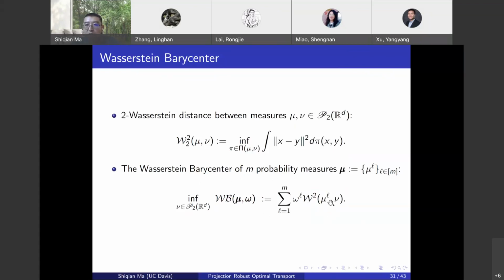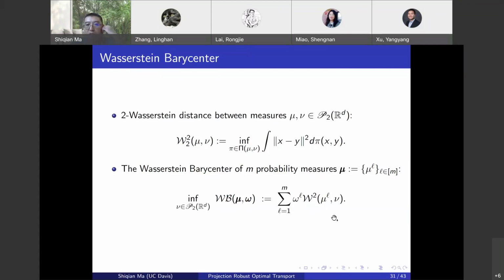You compute the Wasserstein distance between mu l and nu, and for these distances, you compute their weighted sum. You want to find a nu such that this weighted sum is minimized. That's how to find the Wasserstein-Barycenter.